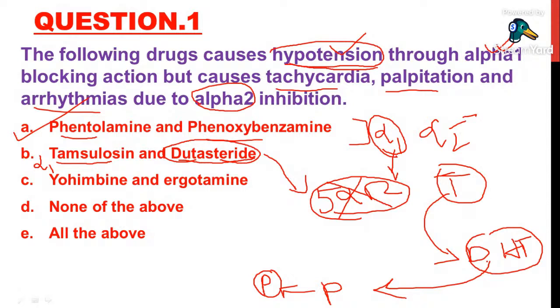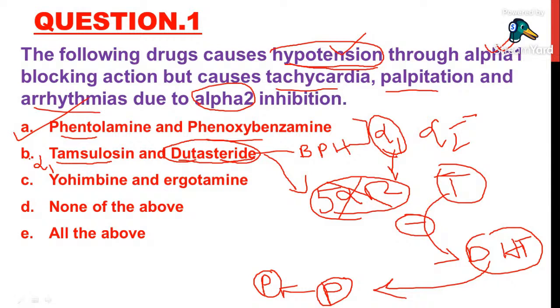This activated form, dihydrotestosterone, is helpful in producing prostate tissue, so prostate gland size increases with dihydrotestosterone. So we are inhibiting the conversion of testosterone to dihydrotestosterone. Dutasteride and tamsulosin, both as a combination, are used in benign prostatic hyperplasia (BPH).